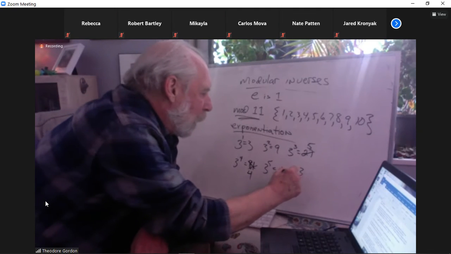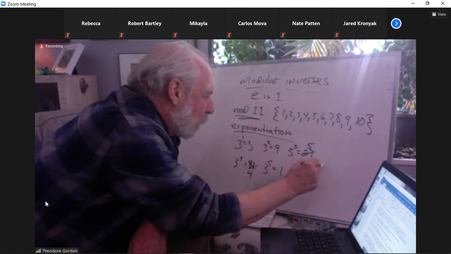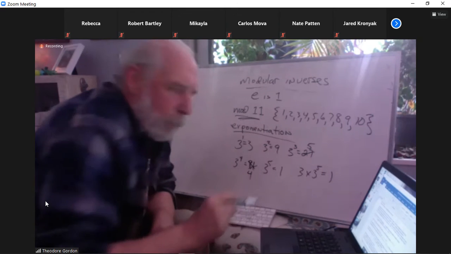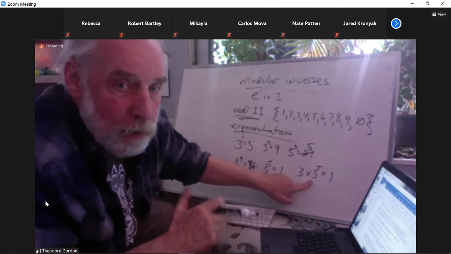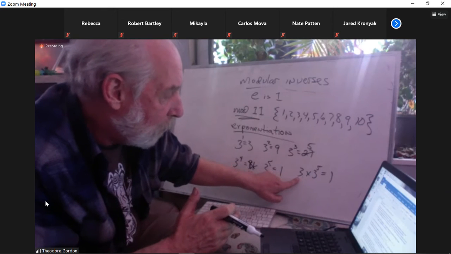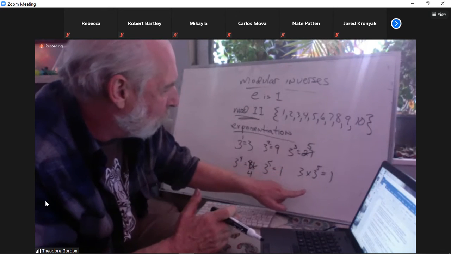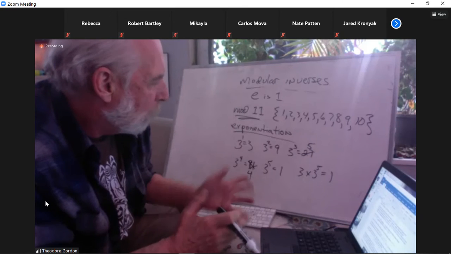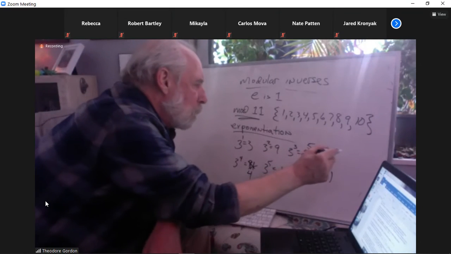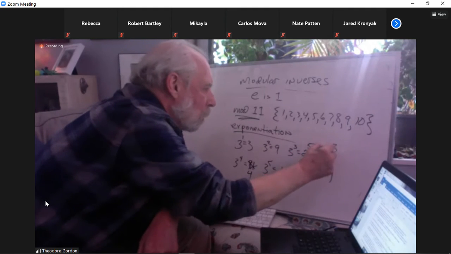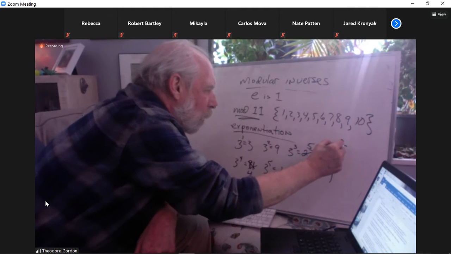So 3 times 3 to the 5th is 1 mod 11. So 3 to the 5th is another inverse of 3, but 3 to the 5th just reduces down. Also, we know that 3 to the 10th is 1.